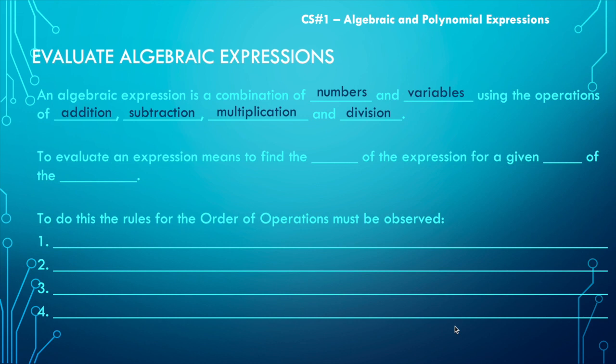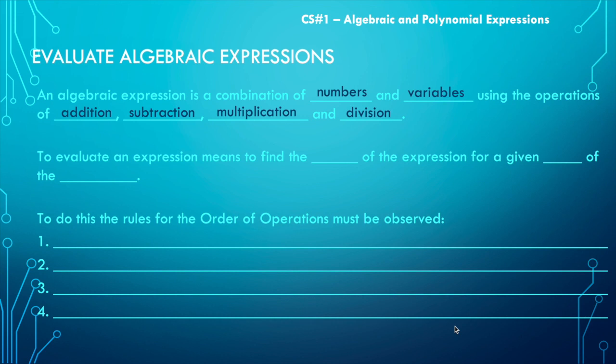Okay? And so any combination of numbers and variables using those operators is considered an algebraic expression. Now, you might ask, what about exponents? Well, since exponents are just repeated multiplication, they count as well.